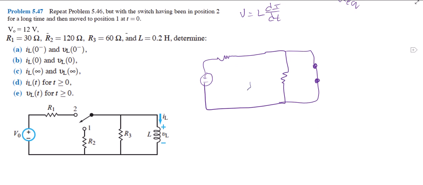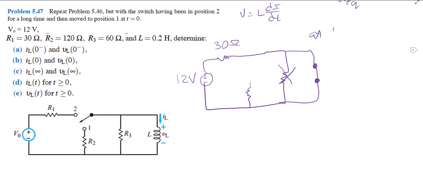And so it looks like this. V is 12 volts. R1 is 30 ohms. You'll notice that since it's been a long time, the inductor is acting like a short circuit, which means it's shorting out this resistor.